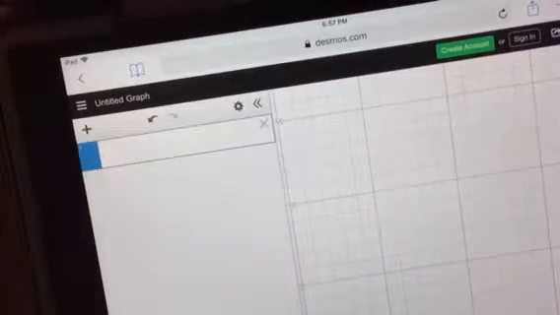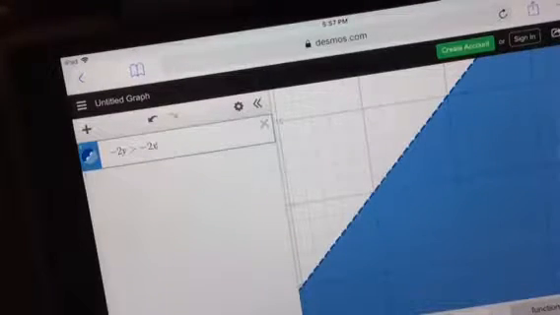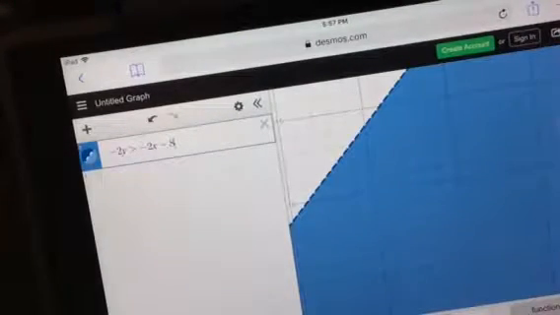It says -2y is greater than -2x minus 8. There's my graph.